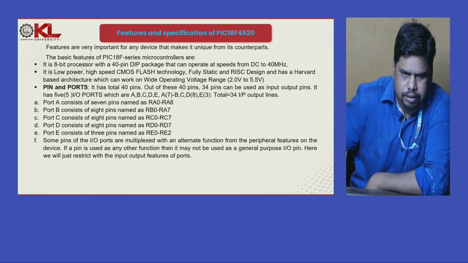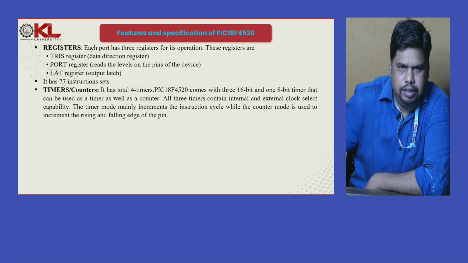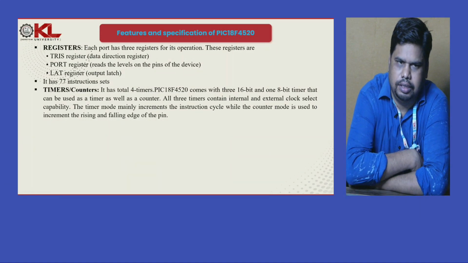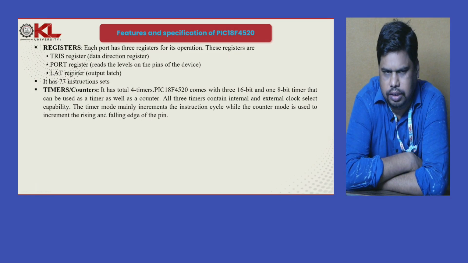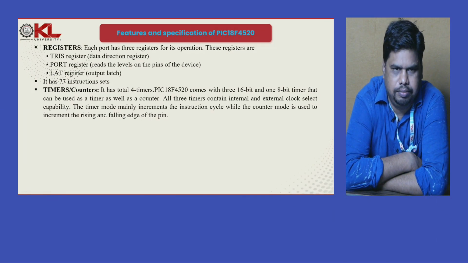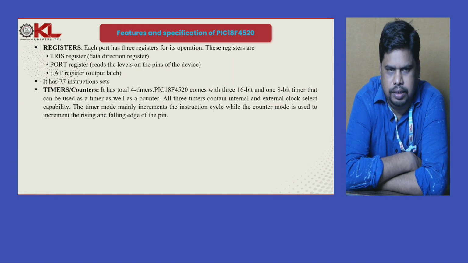So here in this port, basically 3 registers are there. I am focusing on the registers inside this port. I am not discussing the registers inside the CPU. Registers inside the port, it has basically 3. That is the TRIS register that will define the data direction, that is whether the particular port pins are used as an input or an output.